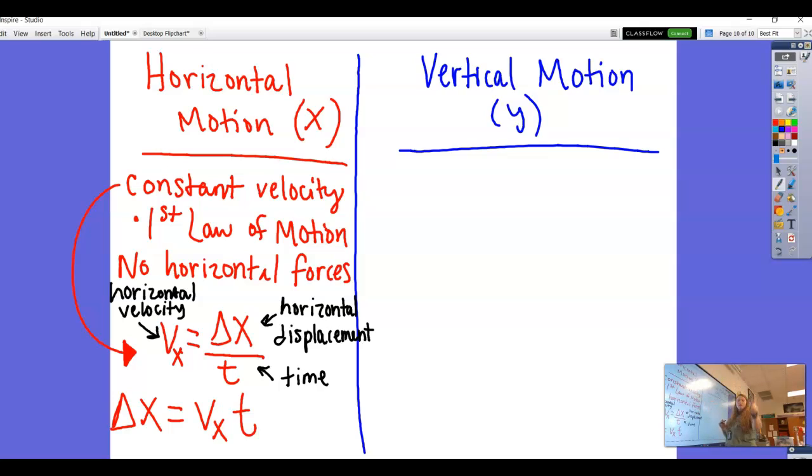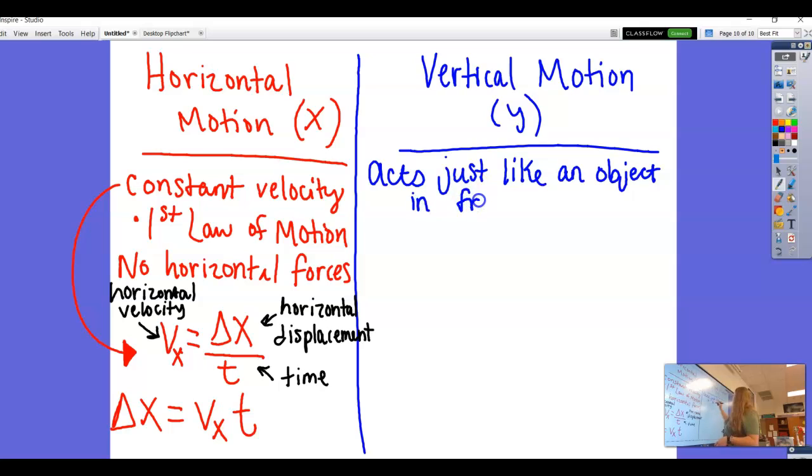It actually curved, and it had a parabolic trajectory just like an object in free fall. So this acts just like an object in free fall. And that's because gravity is acting on it. Acts just like an object in free fall.